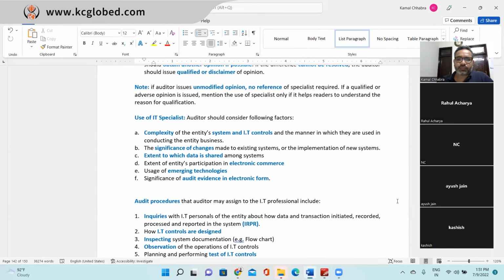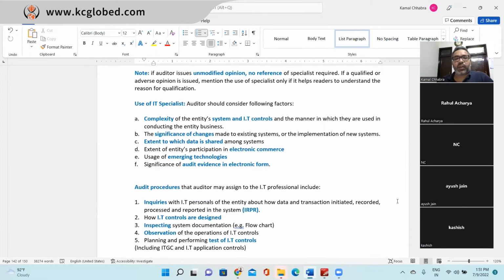Make sense? If the auditor issues an unmodified opinion, no reference to the specialist is required. But if you are issuing a qualified or adverse opinion, then you can mention the specialist for better understanding of the reason for qualification by the user of the financial statements. In an unmodified or unqualified report, there is no requirement for reference to the specialist.